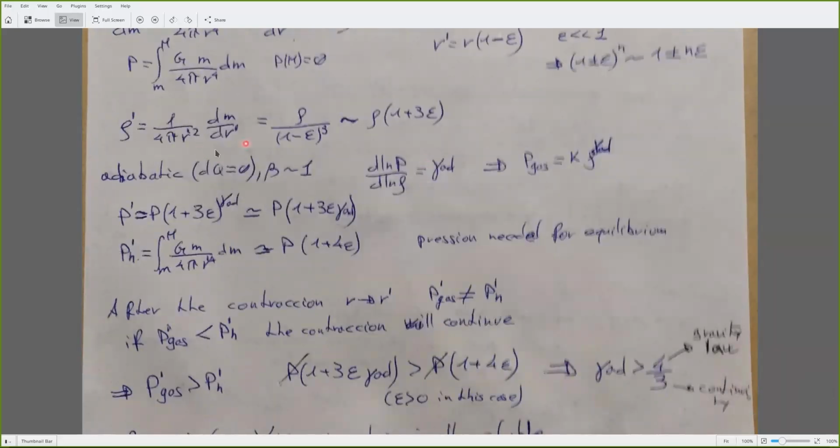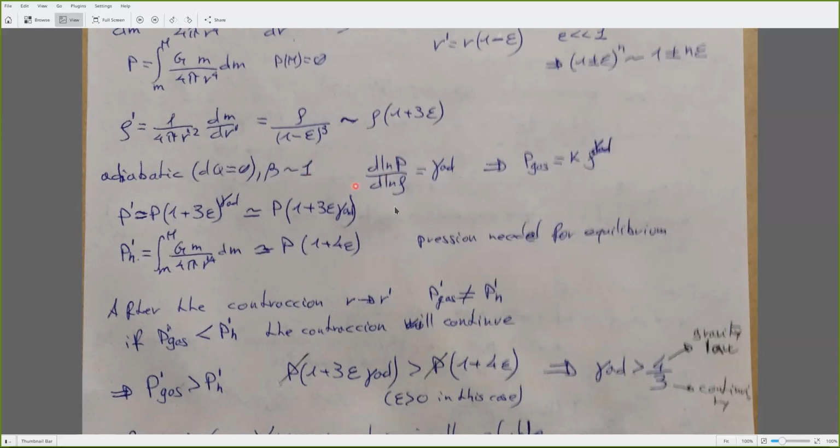To simplify, we consider just adiabatic changes. We are not losing generality. Beta is almost 1, so essentially the pressure is just given by the gas. This permits us to simplify a little.